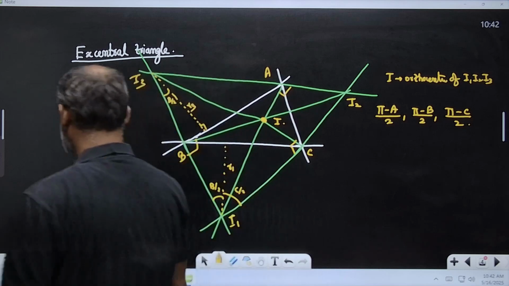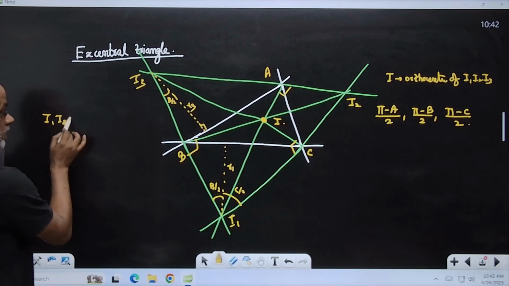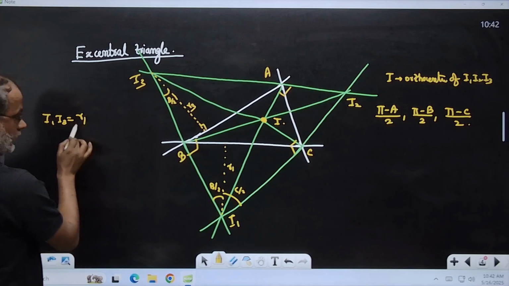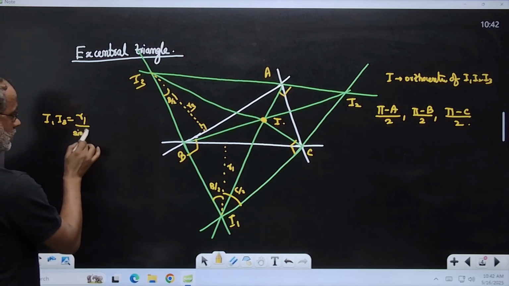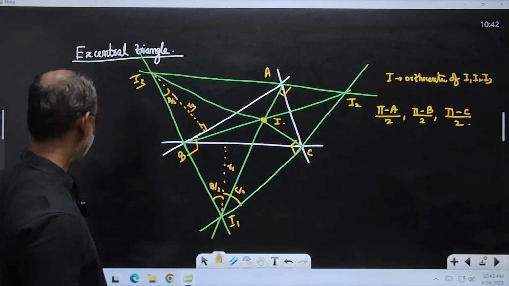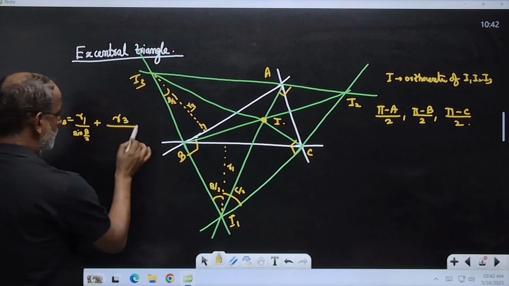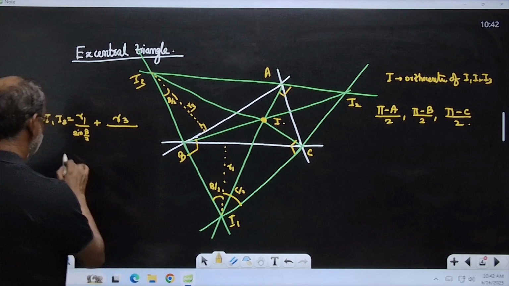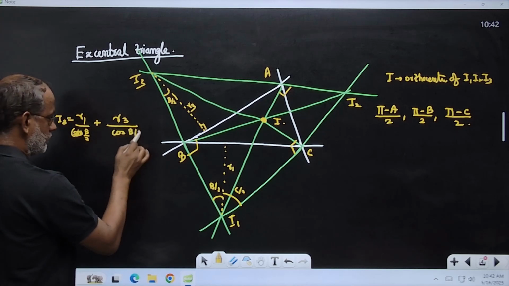If you write it, I1, I3 is R1 upon sin B by 2, isn't it? This is hypotenuse, plus R3 upon, no, R1 upon cos B by 2, R3 upon cos B by 2.